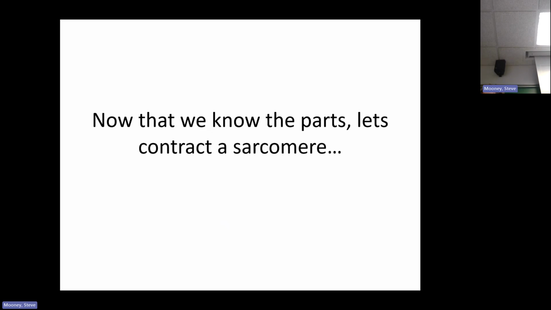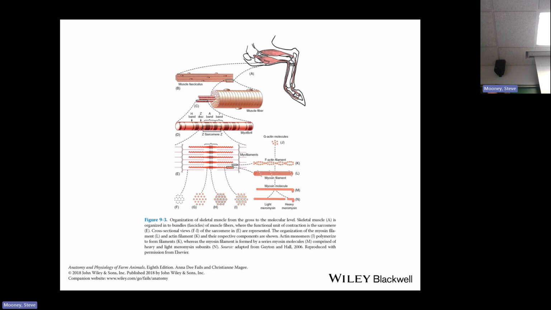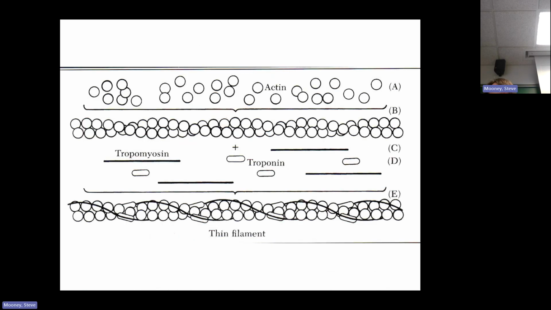So how does a sarcomere contract moving forward? So you have all the different sections. How does this all come together? One of the things that we haven't, or maybe we did, but this is review, is we need tropomyosin, this long black line, and troponin, this little kind of pill-shaped thing.